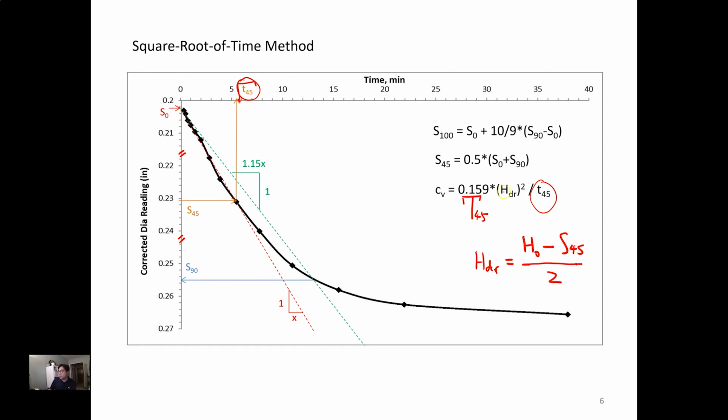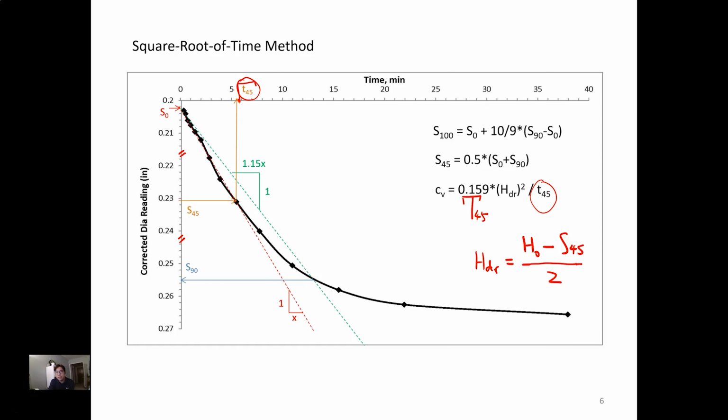With that, we can find out the HDR. And again, from the engineering procedure per the ASTM standard, when we establish the square root time curve, we identify the T45, and we know the time factor from Terzaghi theory. Then we can find out the C sub V. The C sub V is the coefficient of consolidation.